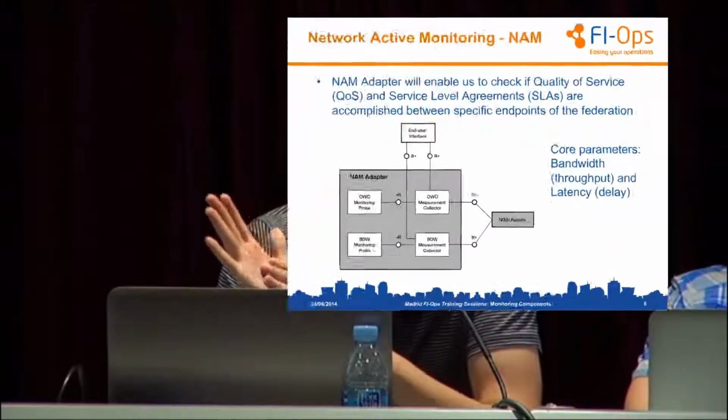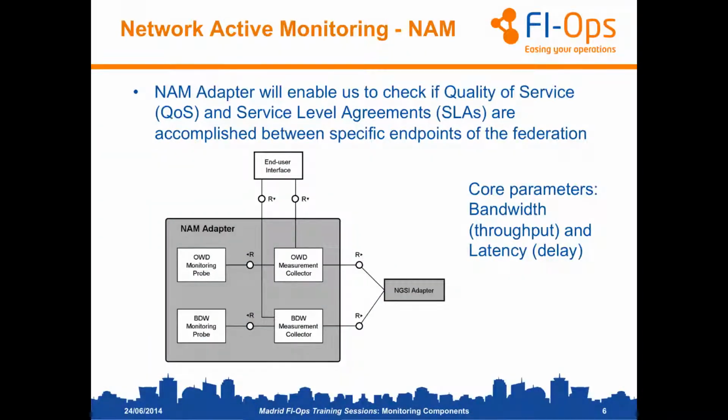The NAM, which is like the one we developed, is, as I said before, for network active monitoring. It will enable us to check if quality of service and service level agreements are accomplished between different specific endpoints of the federation. Here you find the high-level overview, which is based on a couple of probes based on one-way delay and bandwidth.